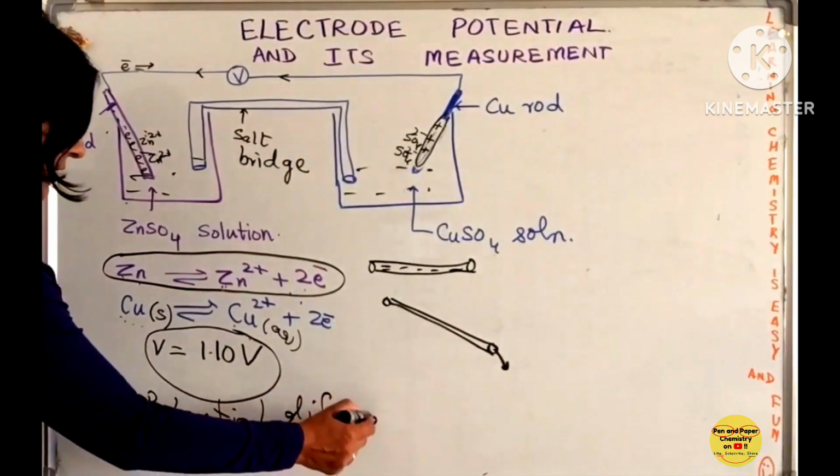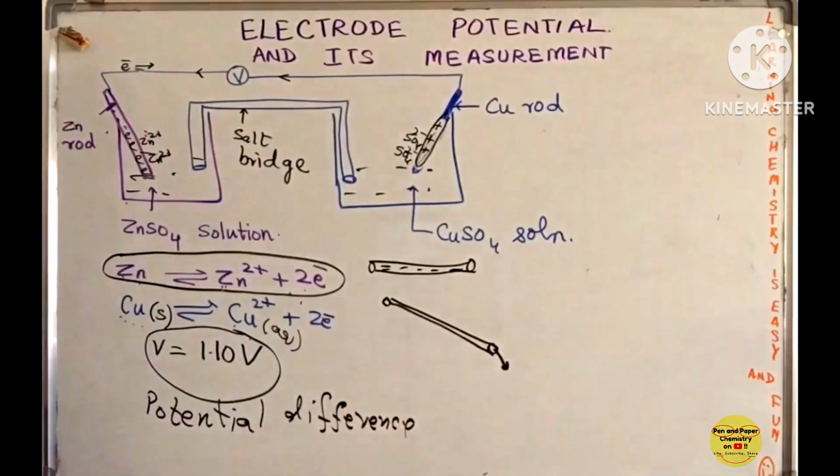Now what we are measuring over here is the difference in potential between the two electrodes. It's not the potential of each of the electrodes, it is the difference in potential, right?